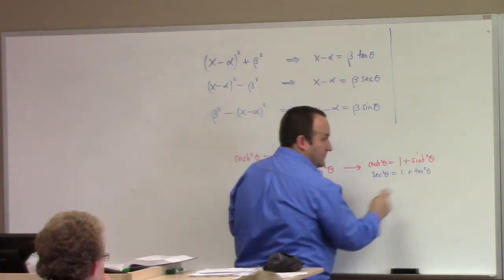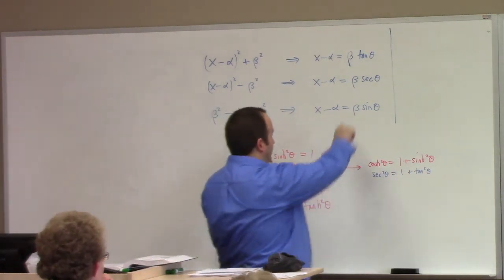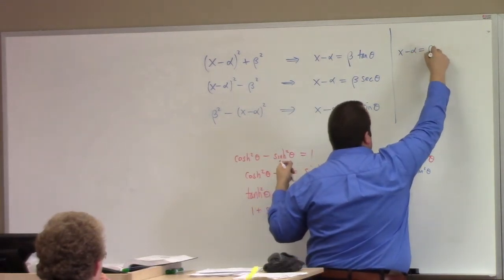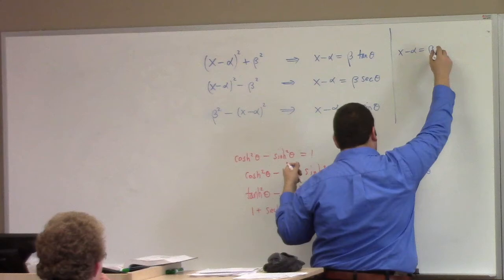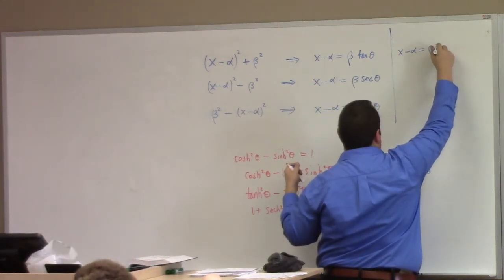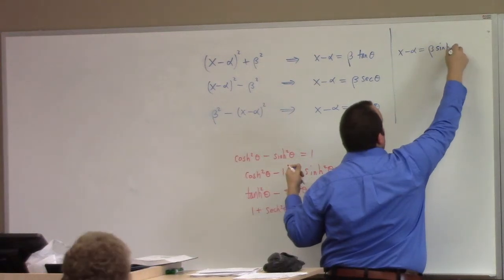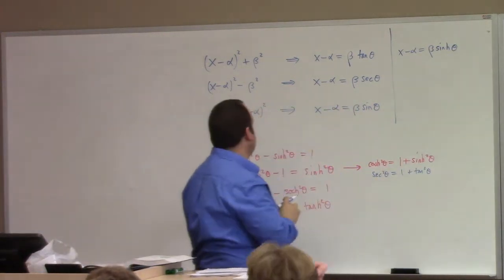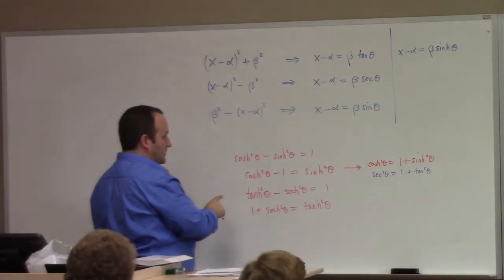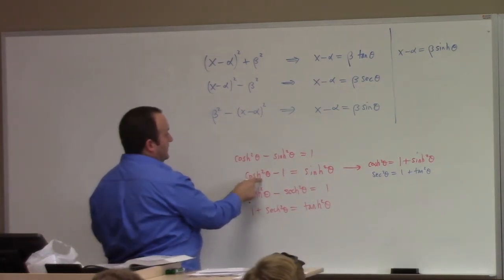So that's the one that goes with here. I do x minus alpha equals beta hyperbolic sine. This one, I do hyperbolic cosine.